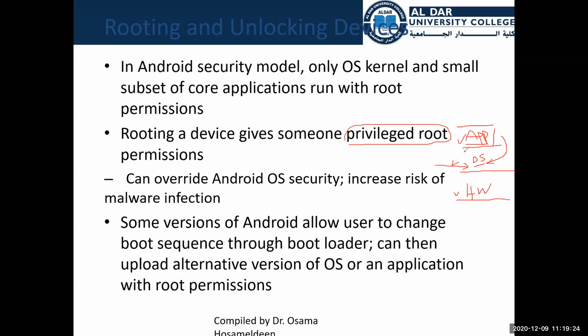In summary, this means the application can control the operating system of the device because it has root access to the device. Okay, you understand now? Hagar, you understand, Feriel?